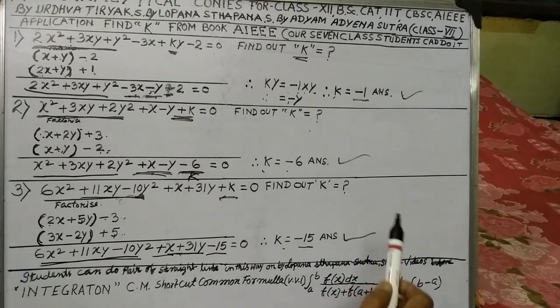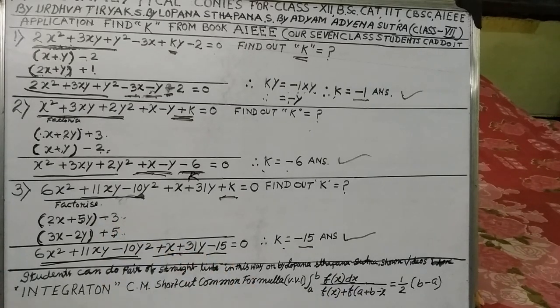Minus 15 is the answer. A student can do it straight with the help of Lopana Sthapana Sutra also, this whole factorization. Anyway, I am telling from the integration chapter. This is the current method.